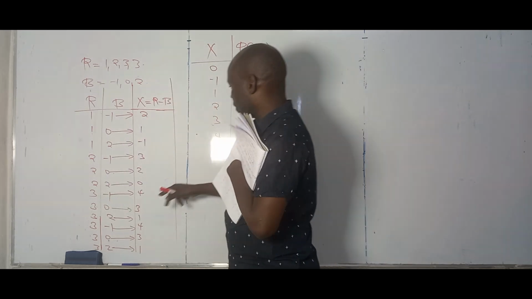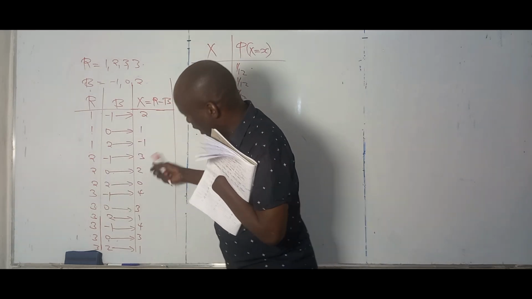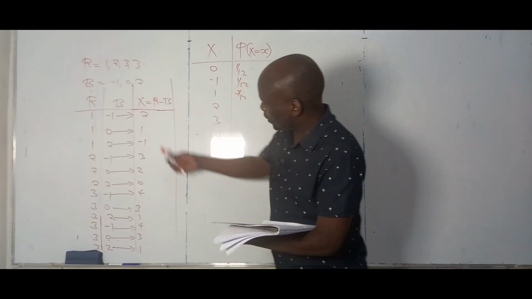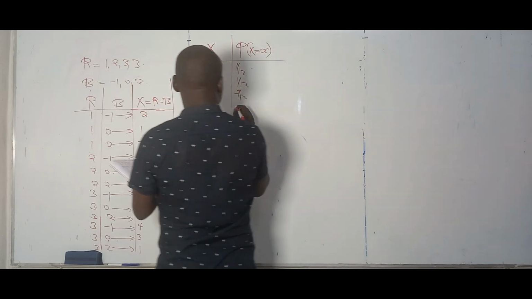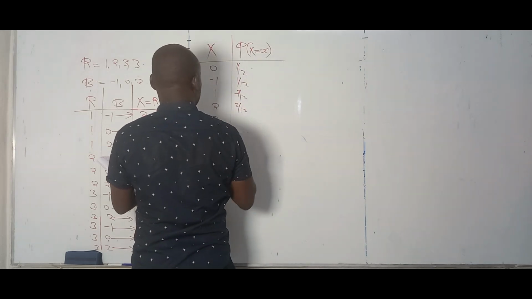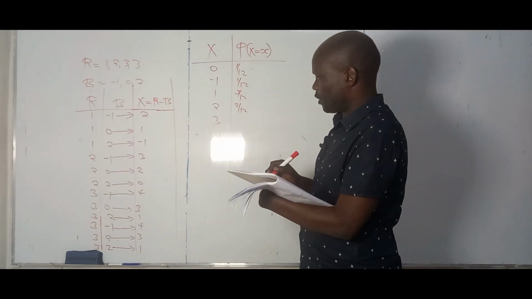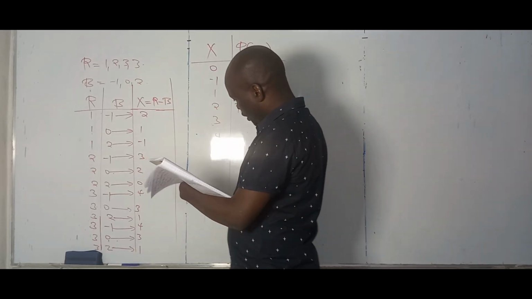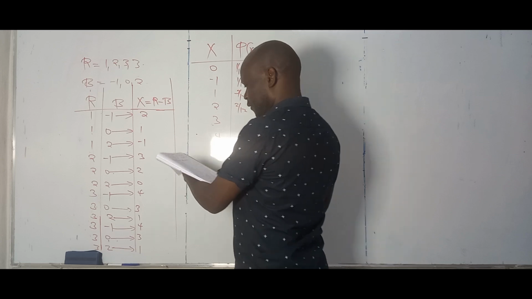And then 2 comes how many times? 1, 2. So it's 2 over 12. Then 3, we see 3 how many times? 1, 2, 3. So that is 3 over 12.